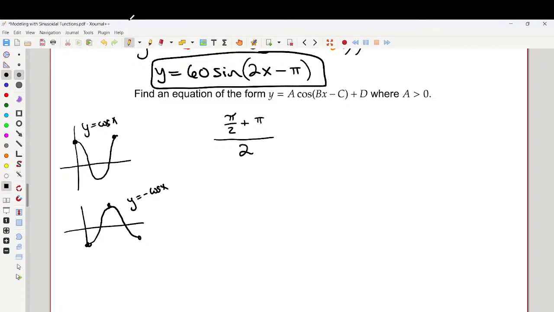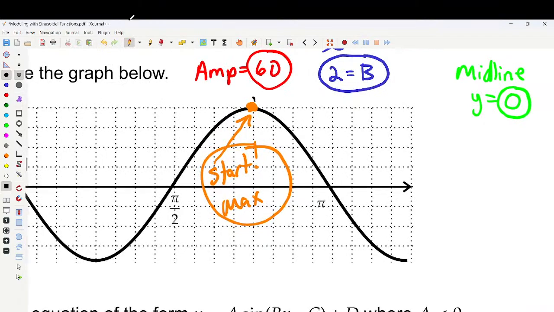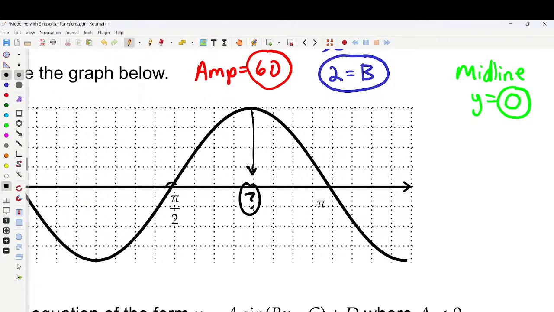You average. If you're wondering where I got those values from, or why I'm even doing what I'm doing, I'm trying to figure out the phase shift. So I'm like, what is this? Well, it's in the middle of pi over 2 and pi. It has to be in the middle there.